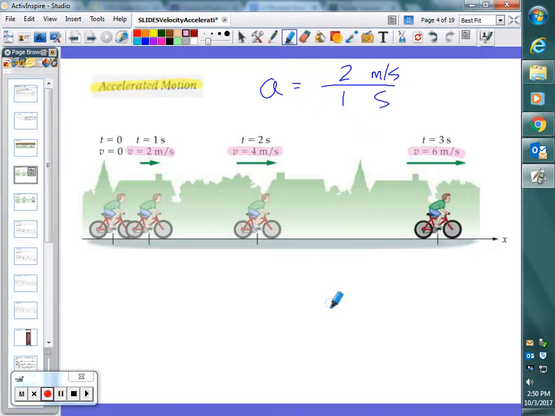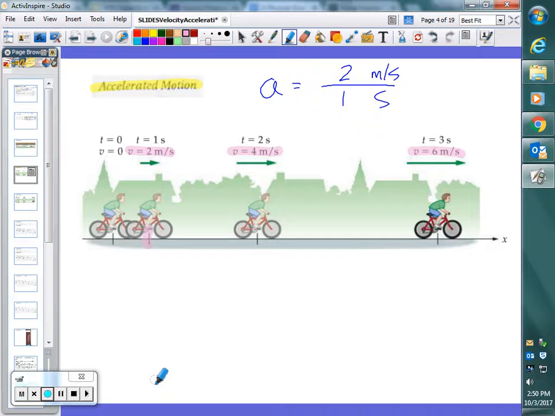Does that make sense? We said that instantaneous means what? One instant in time. So this is the velocity of the bicycle at this moment. This is the velocity of the bicycle at this moment. This is the velocity of the bicycle at this moment, right?